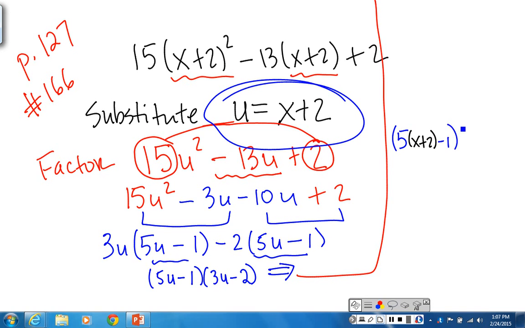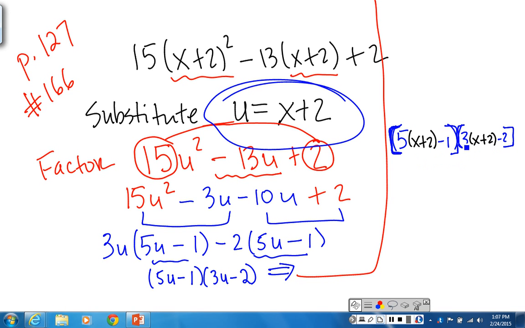Minus 1, and then we have 3u, which is x plus 2 minus 2. And since we used parentheses already, really we need to use brackets if you want to use proper notation here, since there is already a parenthesis inside.